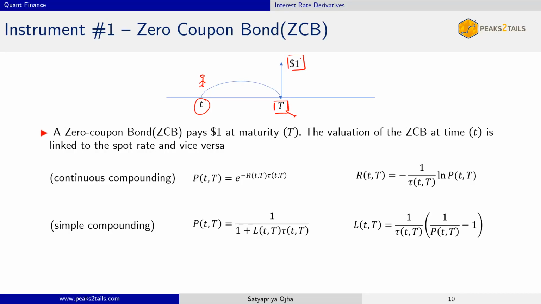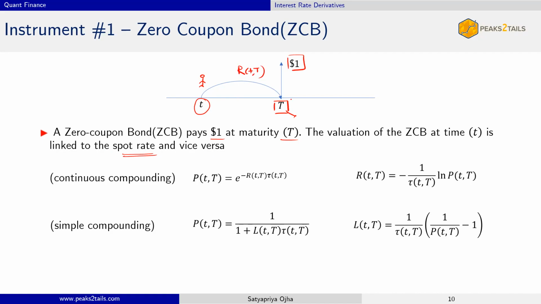Okay. All right. So yeah, as I mentioned, it pays $1 at maturity capital T. The valuation of this zero coupon bond is linked to the spot rate that is applicable between t to T. So R(t, T).